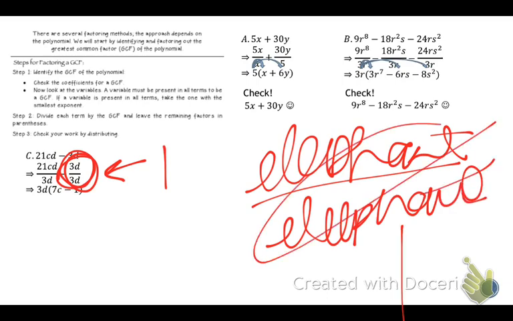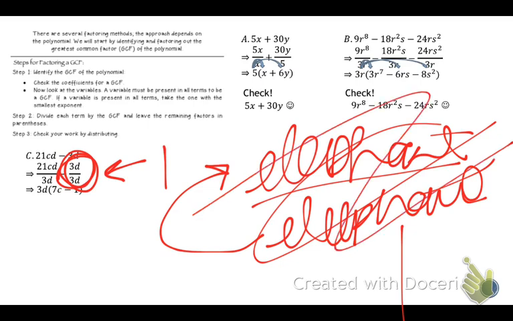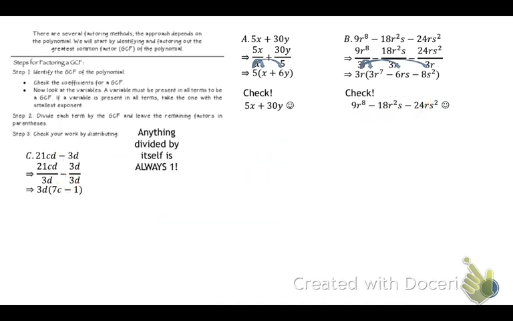Because really, when you're dividing, it's saying how many elephants can you put into a group of 1 elephant, and it's just 1. Okay, so that was kind of confusing. If you got confused, then ignore that. But whenever you divide something by itself, it's always 1. And yep, check it, and you do get 21cd minus 3d.